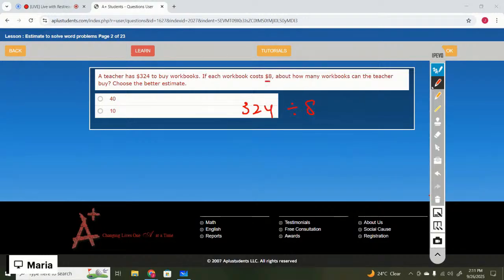So we have to see how many workbooks the teacher can buy. So 324 divided by 8.